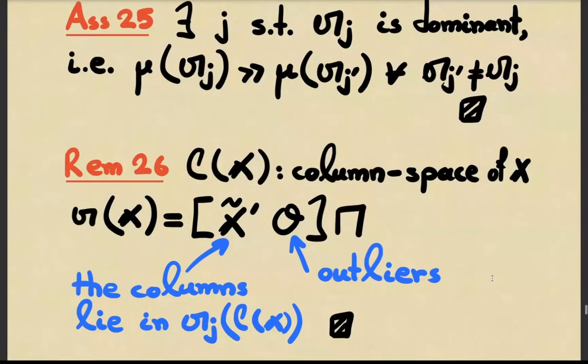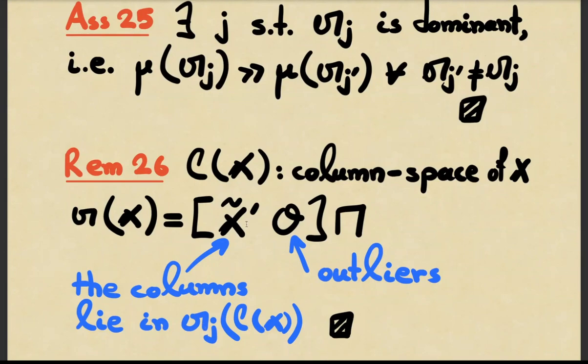This implies that the matrix we observe, pi of X, has the following structure. It consists of a submatrix, up to a column permutation here, which is harmless. So it consists of a column submatrix X tilde prime, which are those columns of X that have been permuted by the same permutation. Since the columns of X lie in the column space of X, the permuted columns will lie in the permuted subspace.